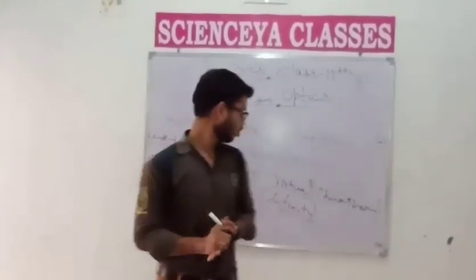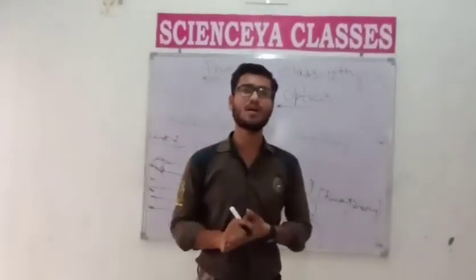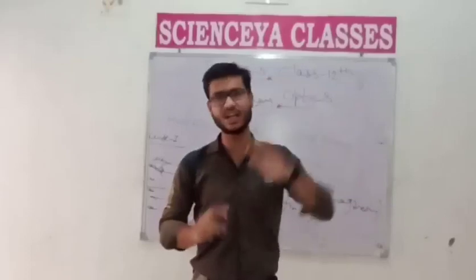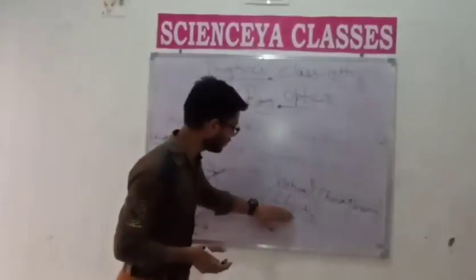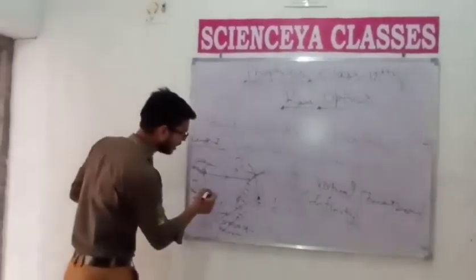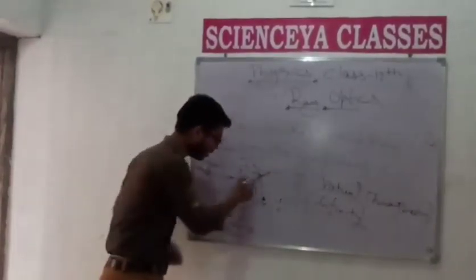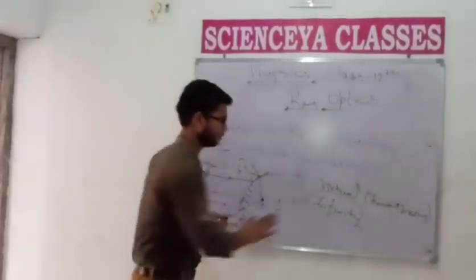Okay, student. So the term infinity is similar to the price of the phone, high and low. It is high for an object placed at infinity and lesser for an object placed very near to this convex mirror. Okay, student.